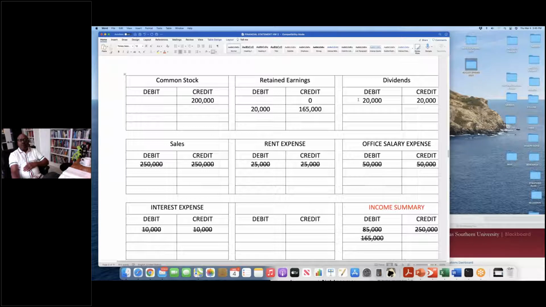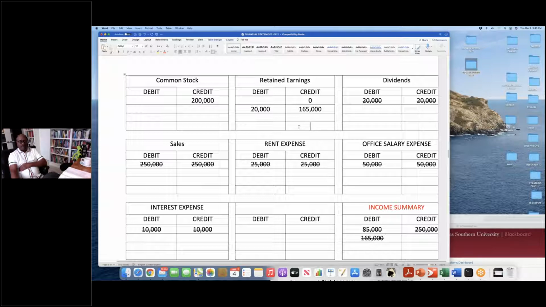So now the dividends have been closed out. So that final account below the line is closed out. So Chelsea, what's the balance of retained earnings now?